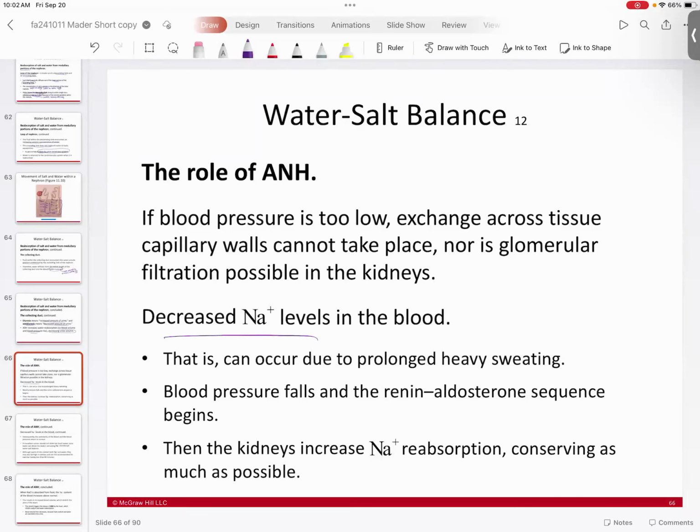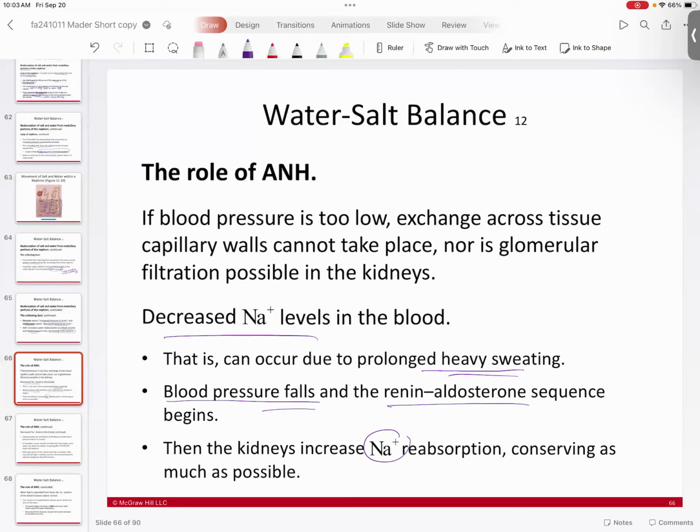If your sodium levels get too low, for instance, if you have a lot of sweating, you're getting rid of a lot of salts. So if your blood pressure falls, your renin-aldosterone sequence begins. If your kidneys increase sodium absorption, this will basically increase the amount of sodium.